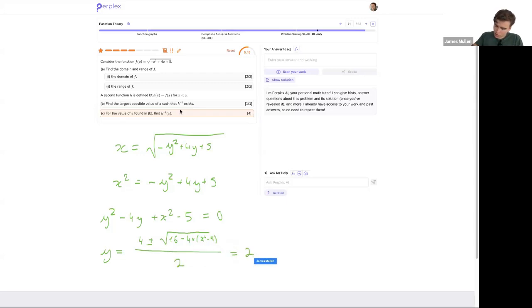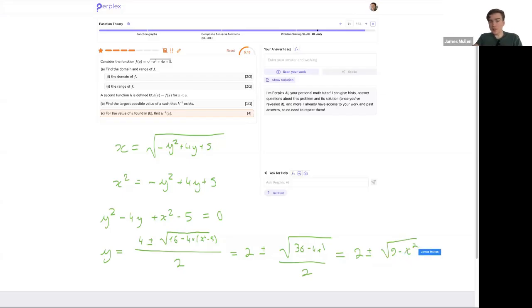So this is the same thing as 2 plus or minus the square root of 16 minus 4 times -5, which is 20, so that's going to be 36 minus 4x², over 2. And I can factor out 4 from 36 and 4x² and pull it out, and that becomes a 2 outside the square root. And that becomes 2 plus or minus the root of 9 minus x².